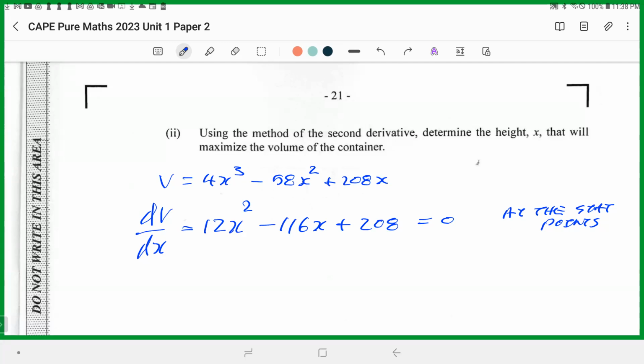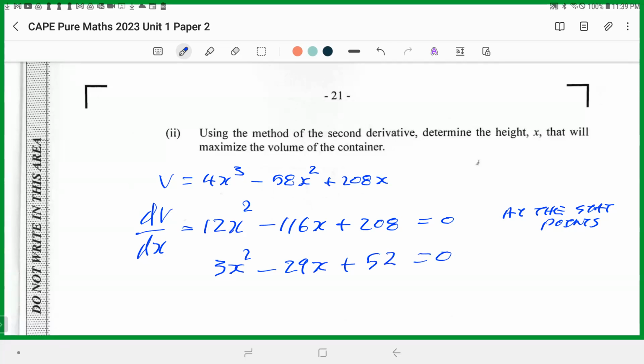Dividing 12 by 4, we get 3x squared. Dividing 116 by 4, we get 29x. And 208 divided by 4 is 52. So 3x squared minus 29x plus 52 equals 0.